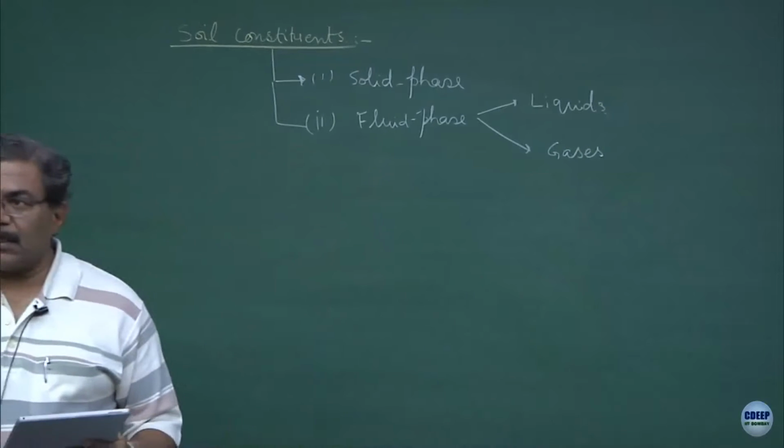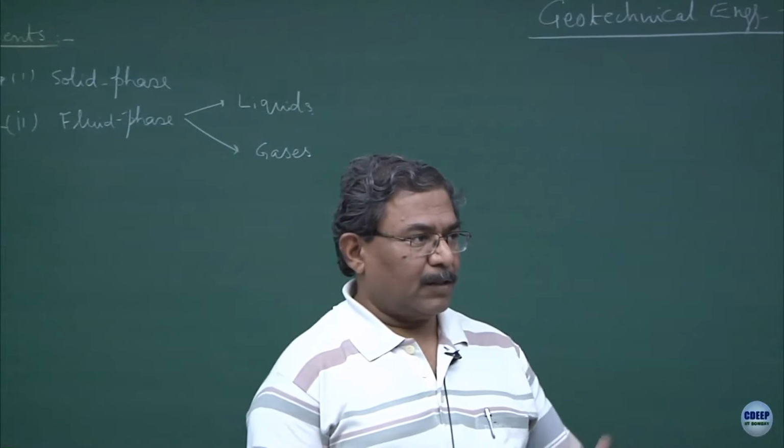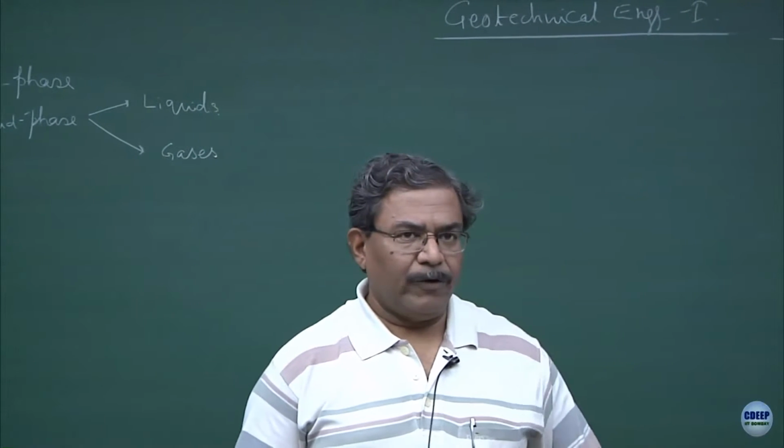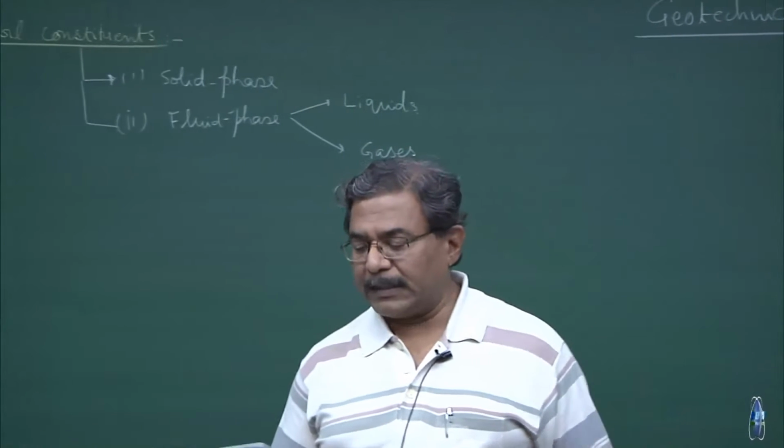Don't you think this system is just like human beings? If you see our body, we have all three phases, is it not? We have fluids, we have gases, and we have the skeleton, the bones, which are the solid phase.